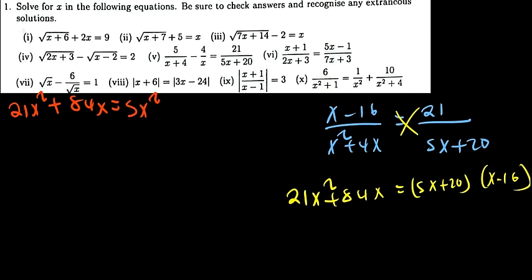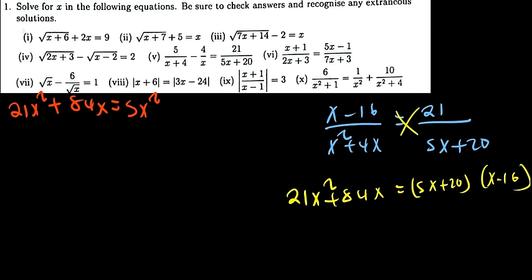Then 5x times negative 16, what are we getting? If we do the proper math there, we are saying 5 times x, we have gotten 5x squared.